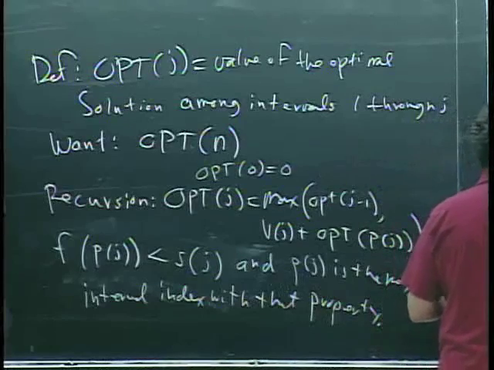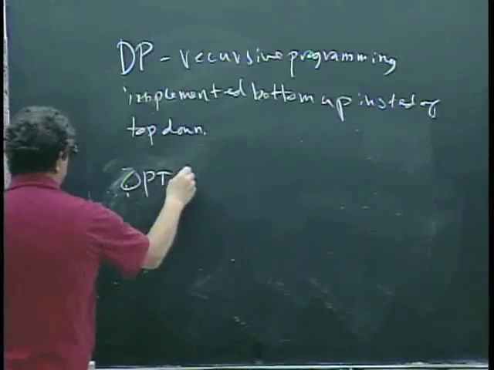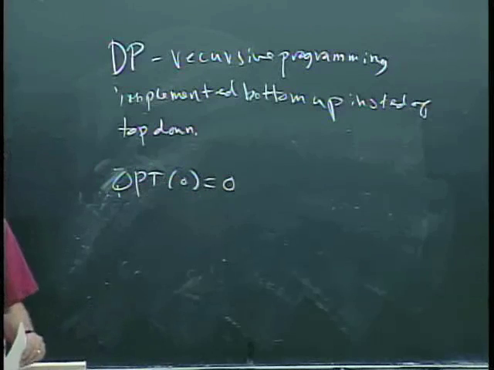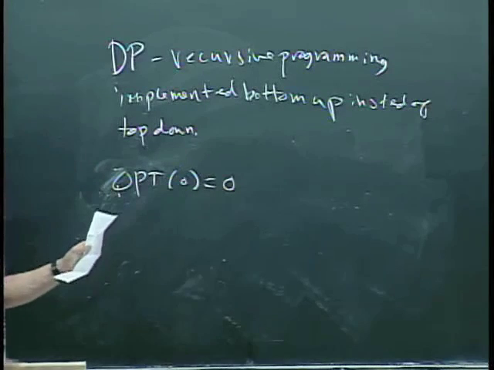So here's the DP version of this. Opt of 0 is equal to 0, so we can just compute that immediately, put it in a table called opt.